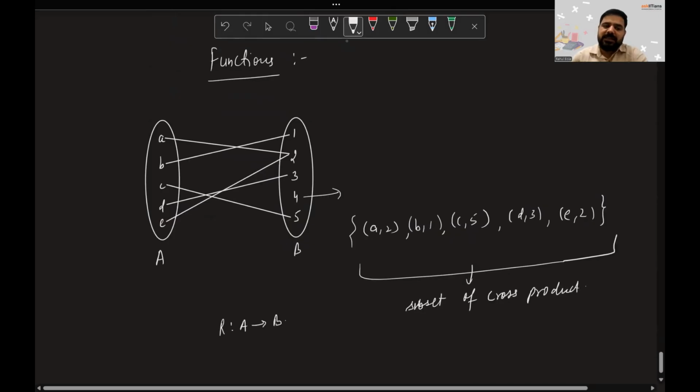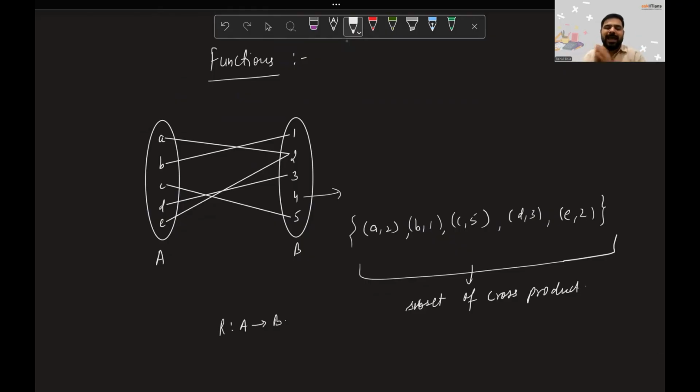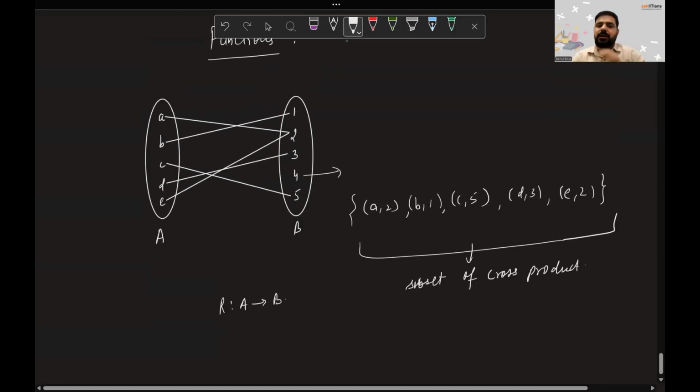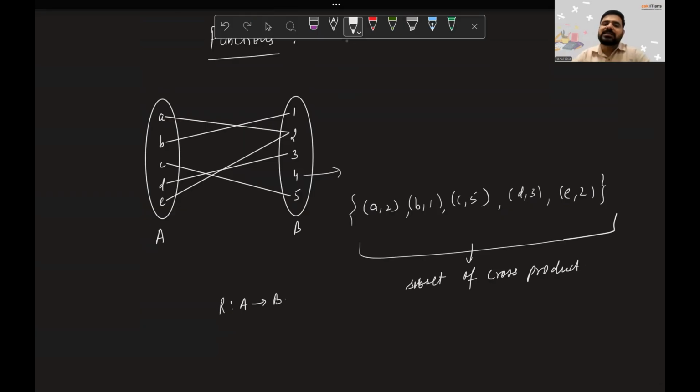Yes, we have mapped A, B, C, D, and E. All the elements we have mapped, we have not left any of these alone. If you remember, in relations we can leave any element not mapped to the other set, right? But in case of functions, every element will have to be mapped. And another important thing is every element will be mapped to only one element in the second set.